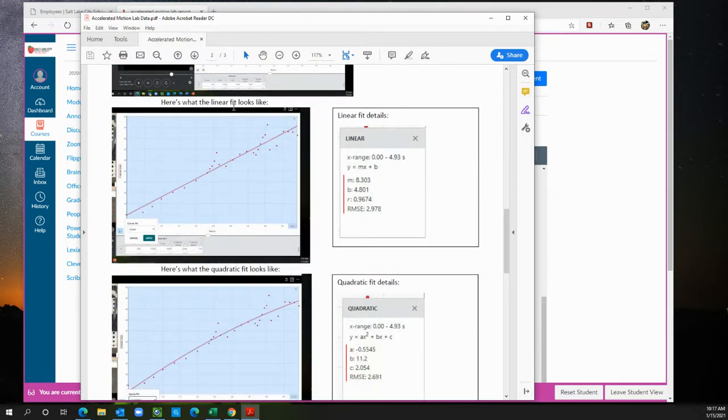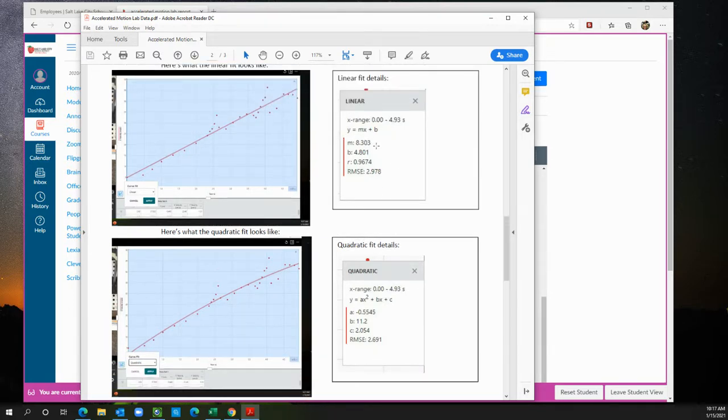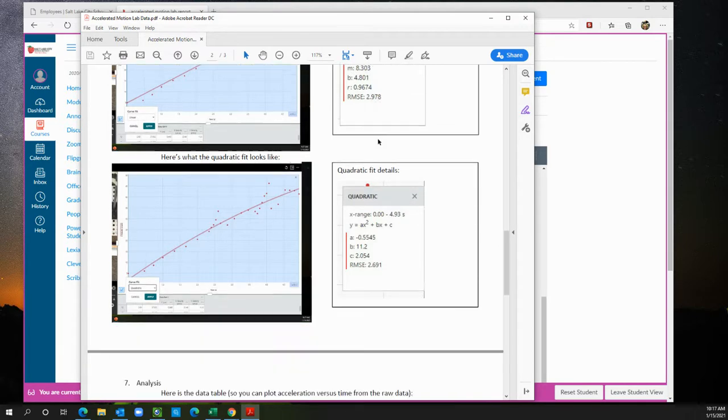So I think this should be a straight line relationship of the form y equals mx plus b, with the values shown for m and b, m being the slope. And m here would represent the rate of change of velocity, or the acceleration. So this mathematical model says that the acceleration, which is the slope of the line of velocity versus time, is 8.303 centimeters per second every second.